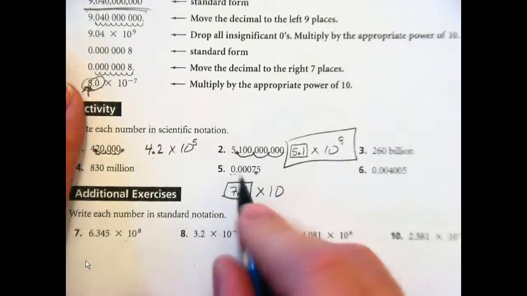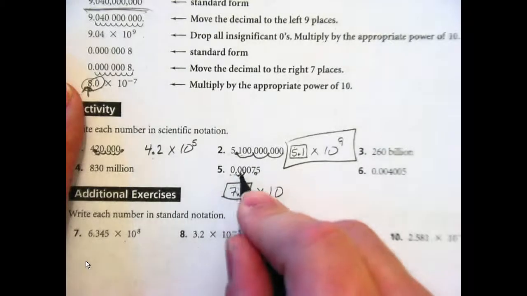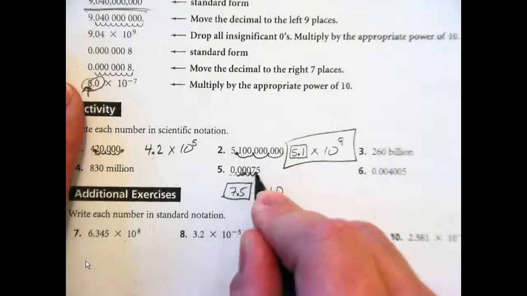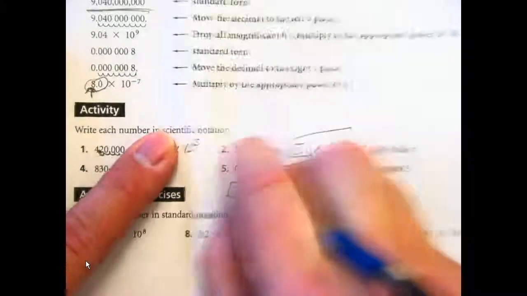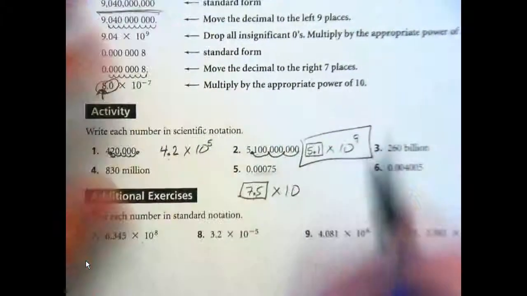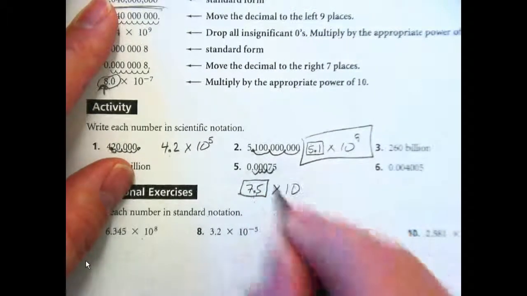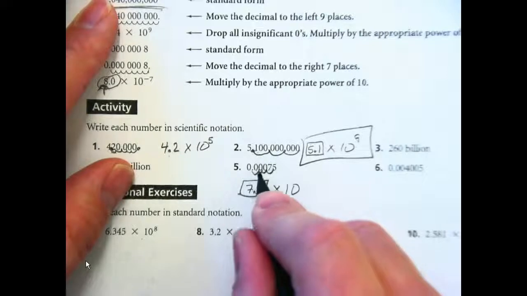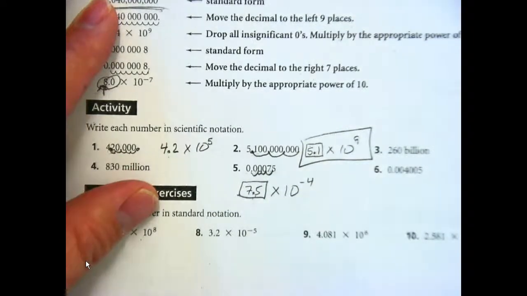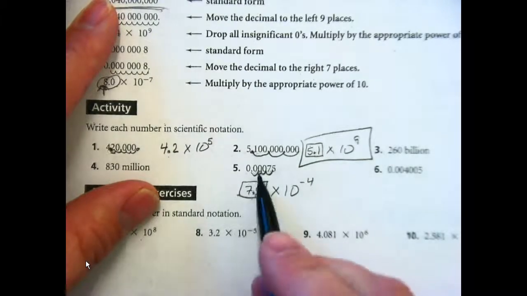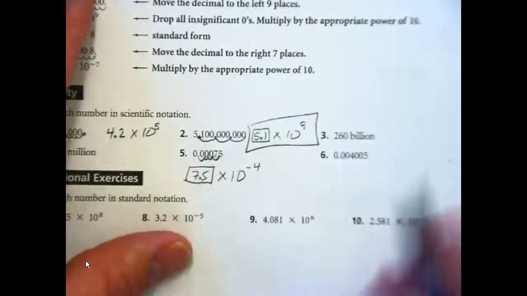Therefore, my power needs to get... this number didn't get smaller, did it? It got bigger, yeah. All right, let's try that again. It got bigger, so my power is going to be negative. 1, 2, 3, 4. Negative 4. Okay, move it 1, 2, 3, and 4. Okay, go ahead and do this one.